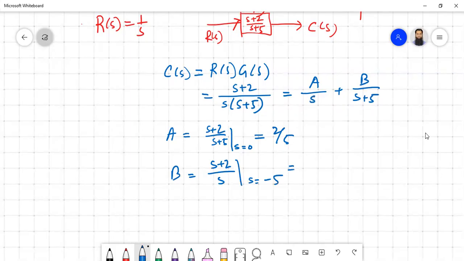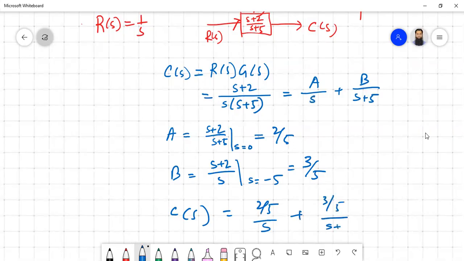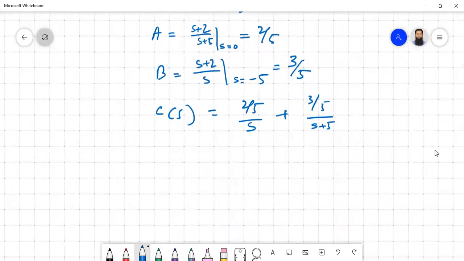Then in the numerator we have minus 3 and in the denominator minus 5, so the minuses cancel and we get 3 by 5. So C(s) becomes (2 by 5) by s plus (3 by 5) by (s plus 5). Is it okay? So this is how the response looks.